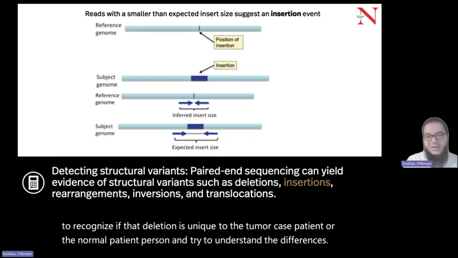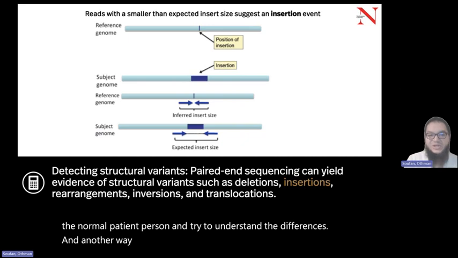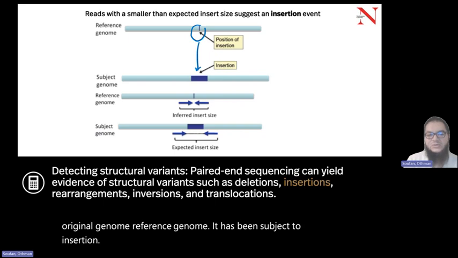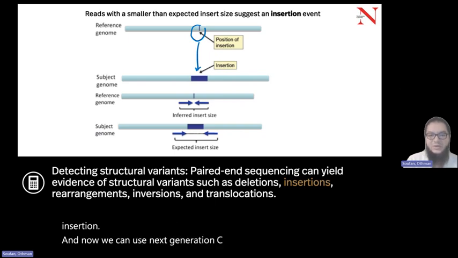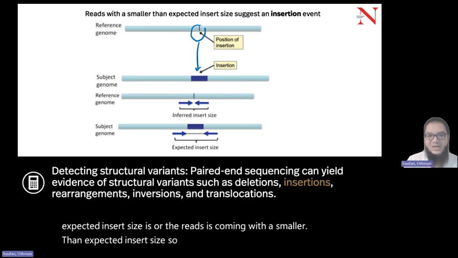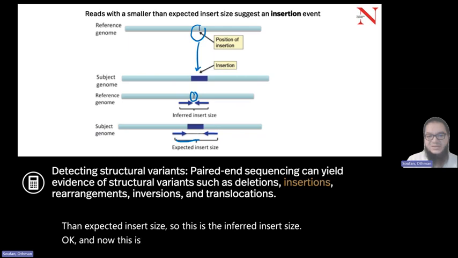In another way, there might be an insertion event. So this is the original reference genome. It has been subject to insertion. And now we can use next generation sequencing, because if the reads are coming with a smaller than expected insert size, so this is the inferred insert size, and now this is the expected insert size.